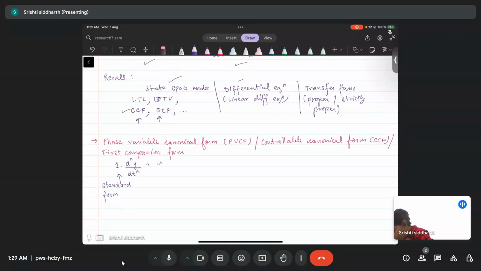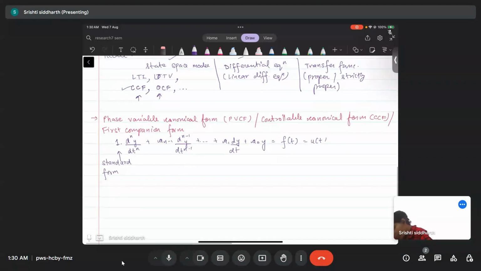Then we have a_{n-1} times the (n-1)th derivative of y, until a1 dy by dt plus a0 y. Let's just say that on the right hand side, we just have some function f of t or u of t. So there are no derivatives of the input as of now.